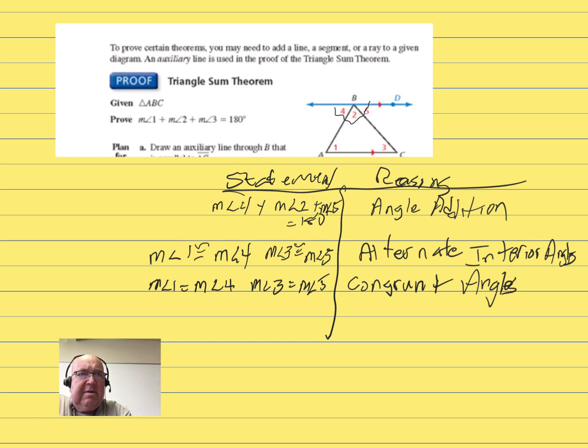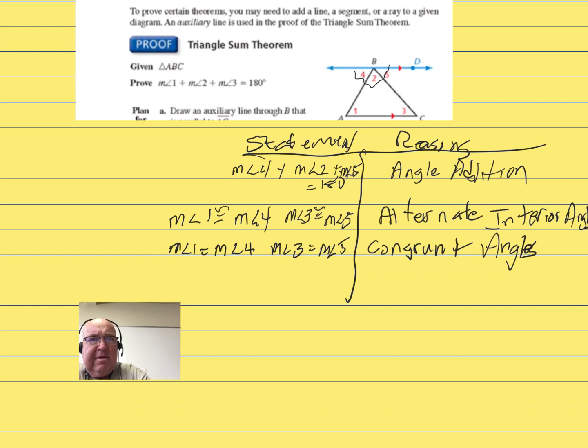So now we can go back to our original statement of everything equaling 180 degrees, and we can now say the measure of angle 1 instead of the measure of angle 4, plus the measure of angle 2, plus the measure of angle 3 instead of 5, is going to equal 180 degrees, and that is our substitution property.